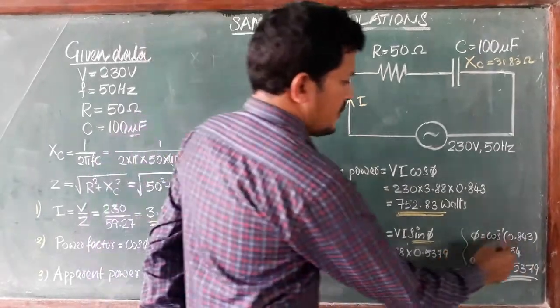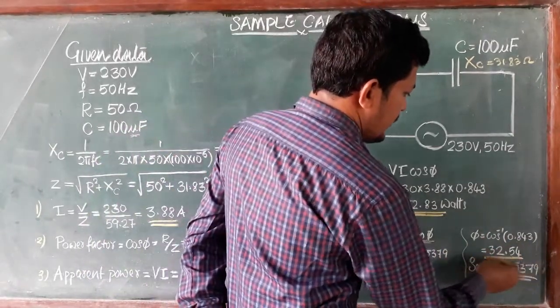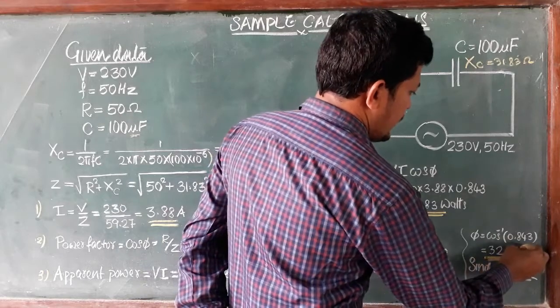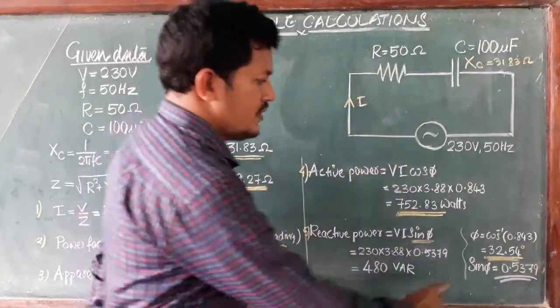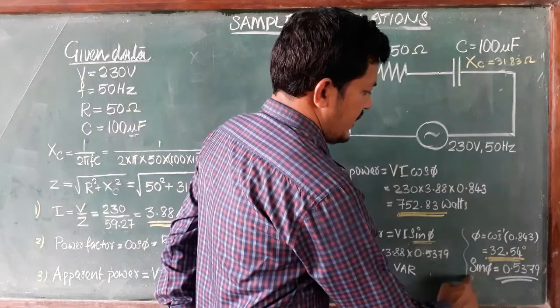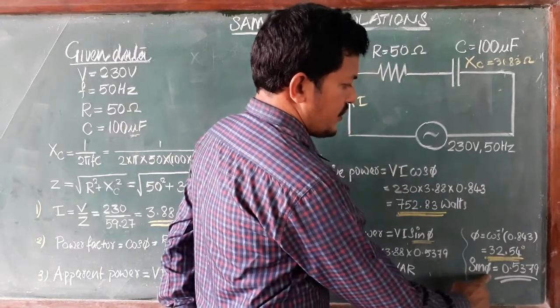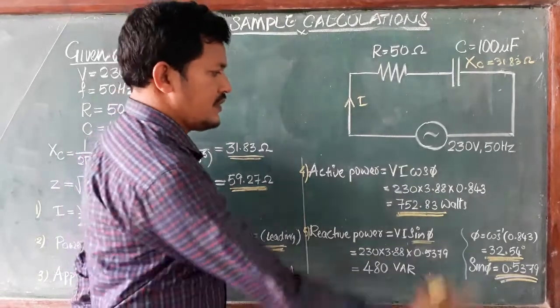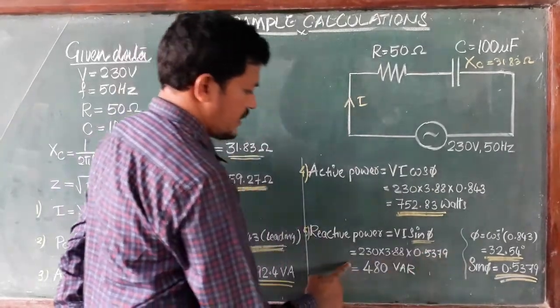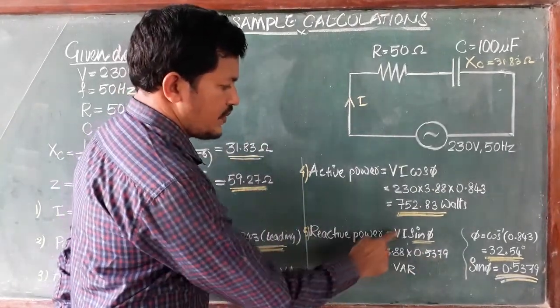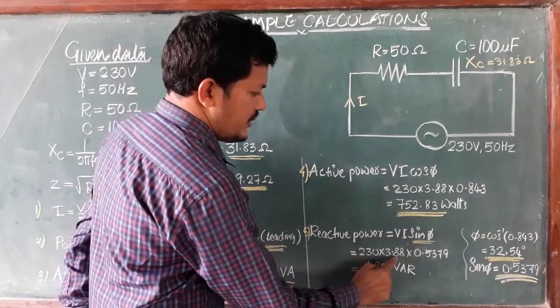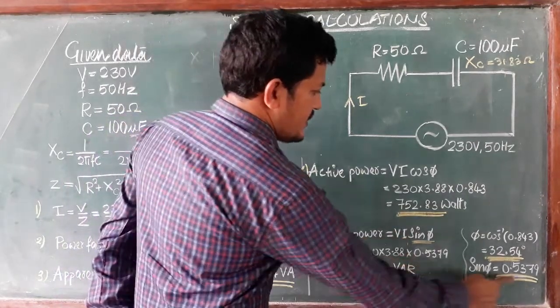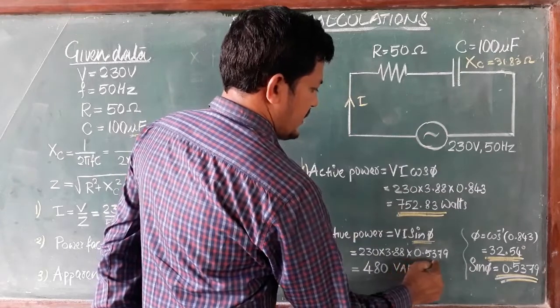Doing the cos inverse, we get phi equal to 32.54 degrees. Applying sin phi, sin 32.54 equals 0.5379. We substitute this value in the reactive power: 230 voltage and current 3.88 into sin phi, which is 0.5379.